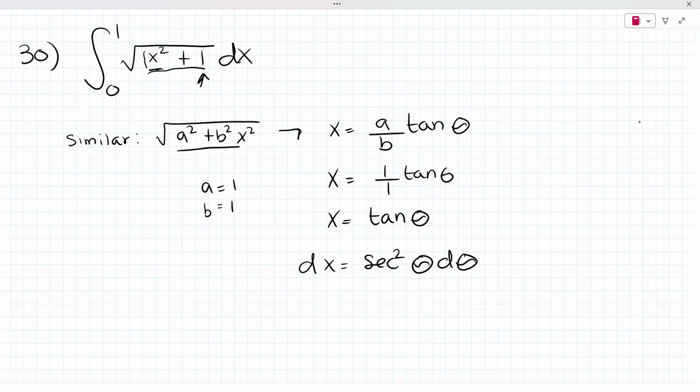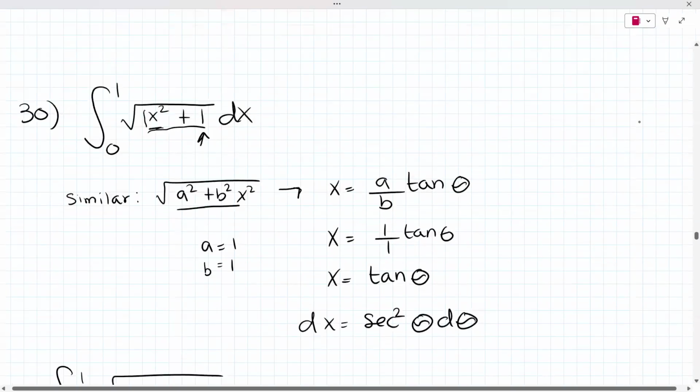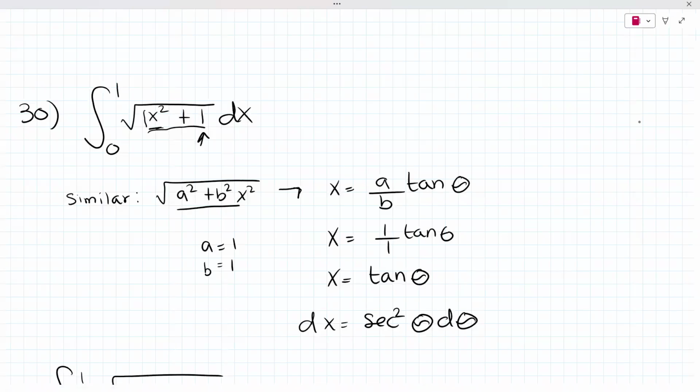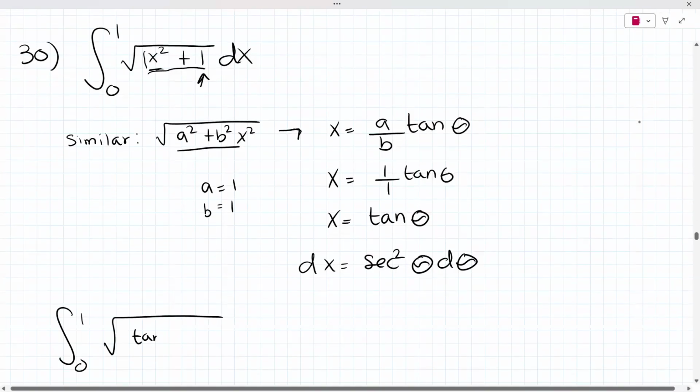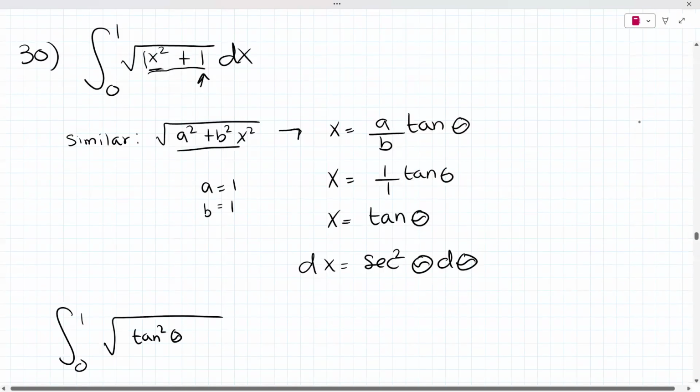Okay, so our boundary is going to be from 0 to 1, and we're going to replace x with tan theta, but there's a square, so that's going to be tan squared theta, and then we'll leave the plus 1 alone. And then we're going to replace our dx with this.